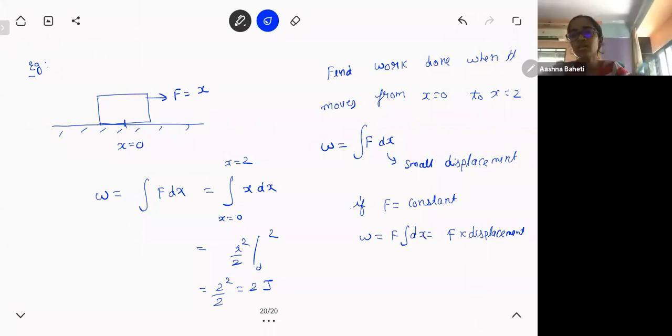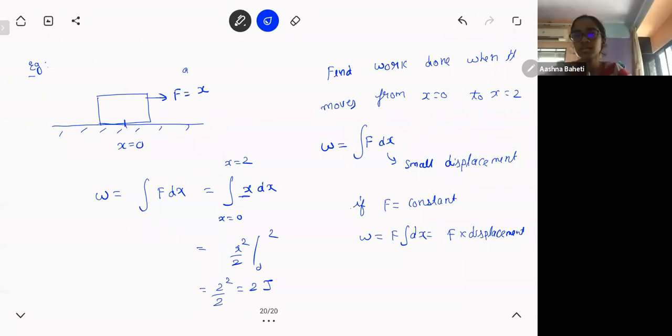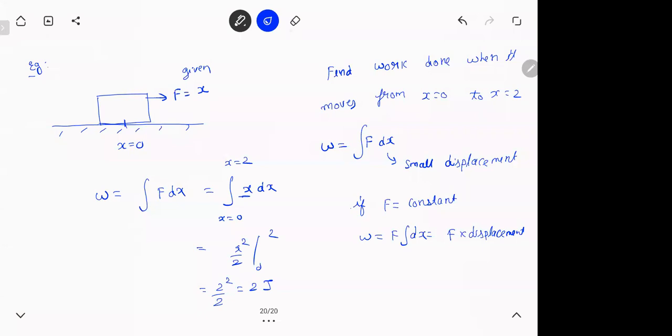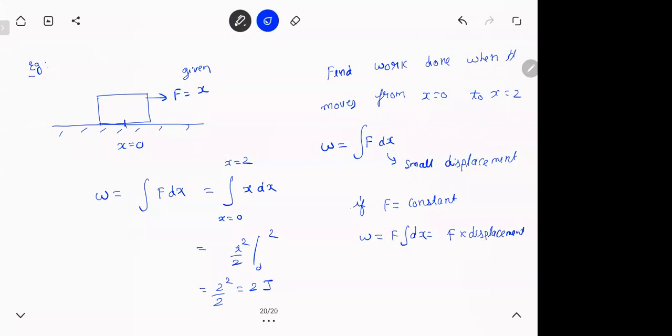But then on the left side, how did you substitute F as X? Where? Here. It is given. Given in the question, right? In the question it is given force is equal to X. It has to be given, or else you can't substitute.